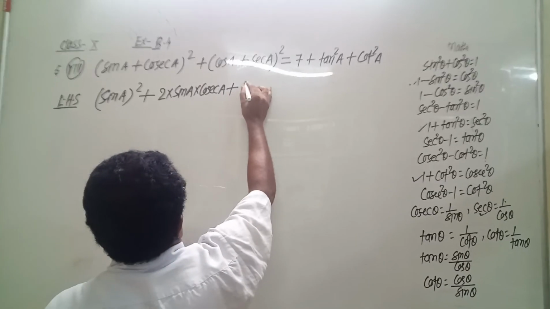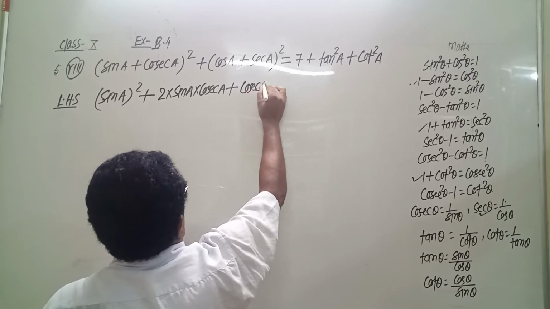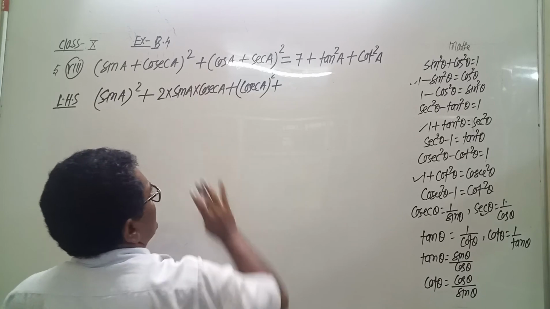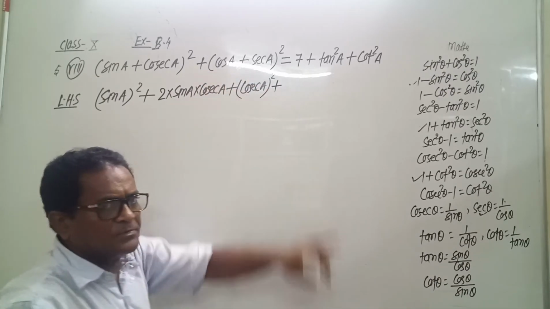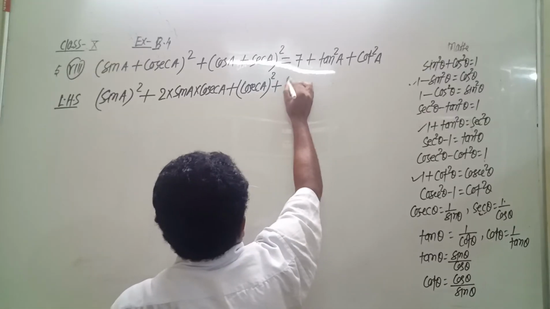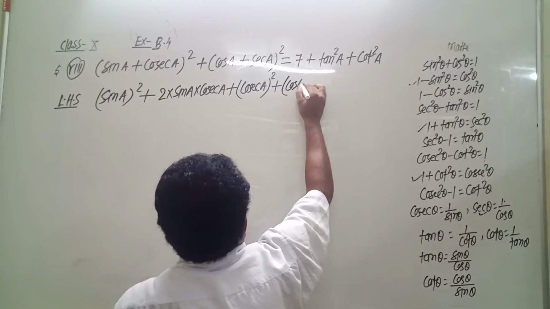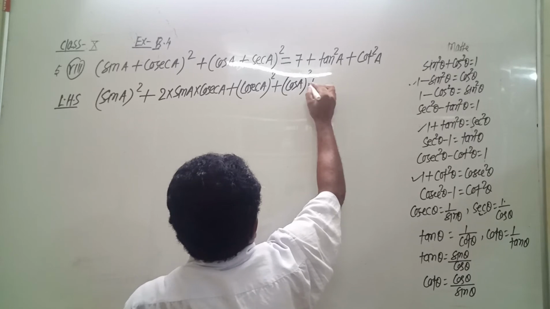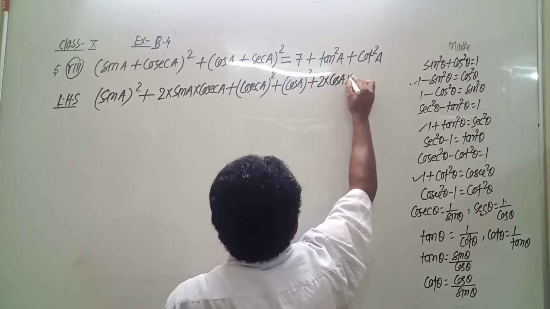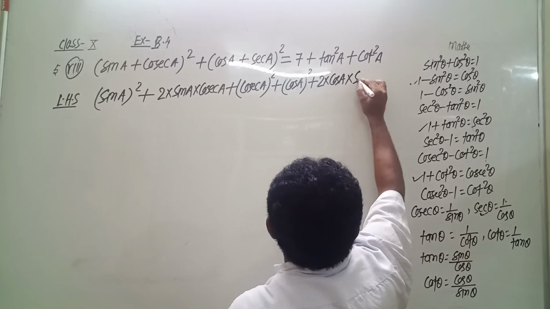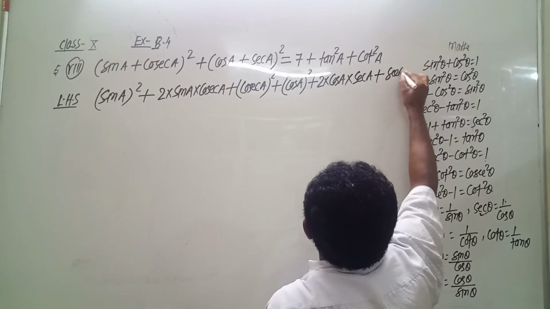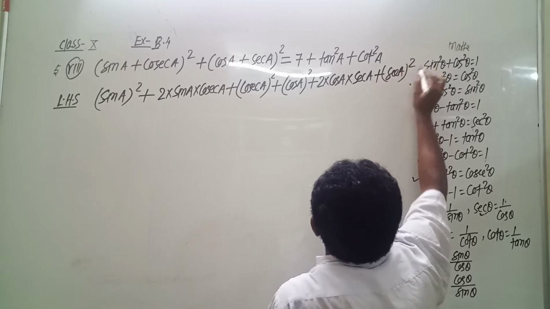The value of B is cosec A, so cosec A the whole square. Plus this will be also expanded on the same formula (A plus B) the whole square. So cos A the whole square plus 2 into cos A into sec A and plus B square, sec A the whole square.